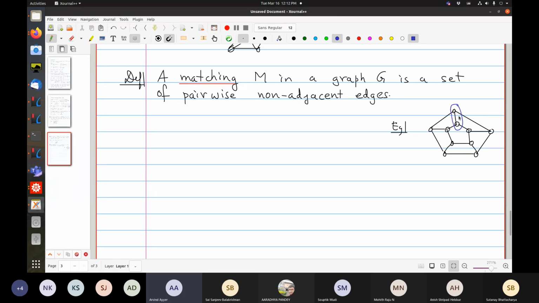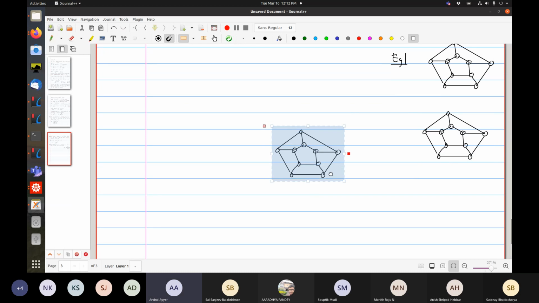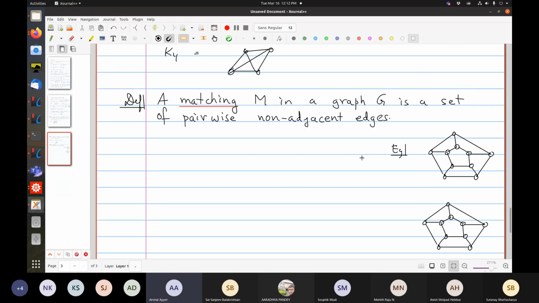Before that, let me just copy this. So here is a matching, an example of a matching.